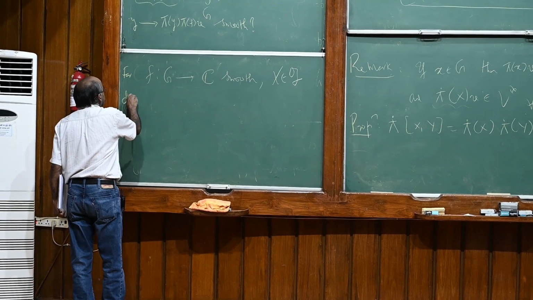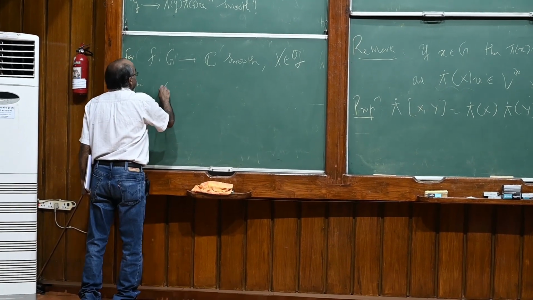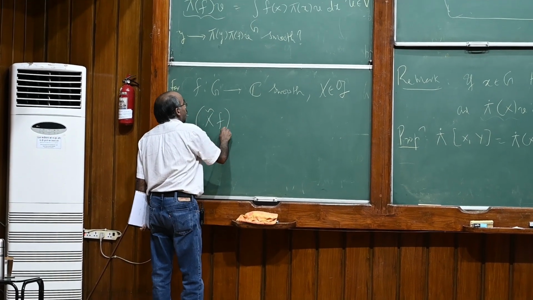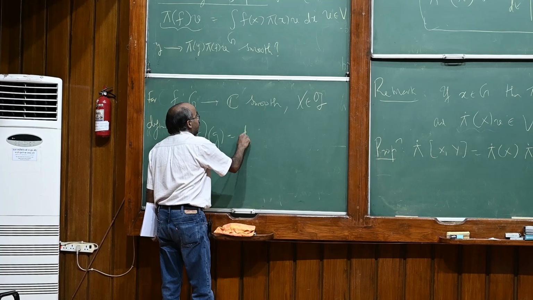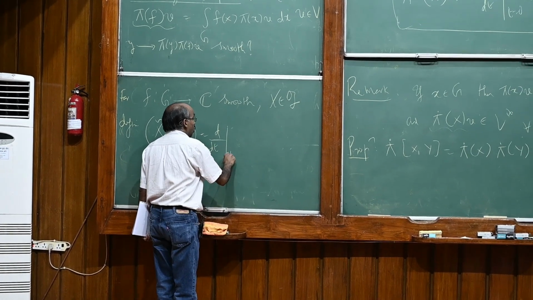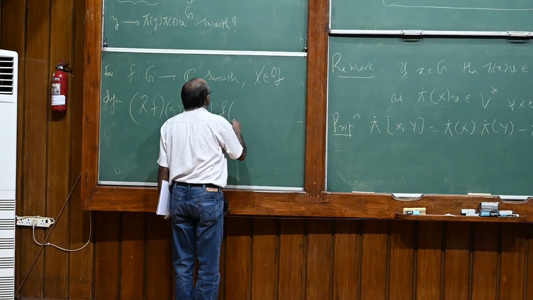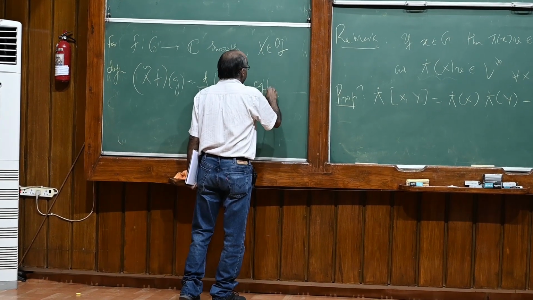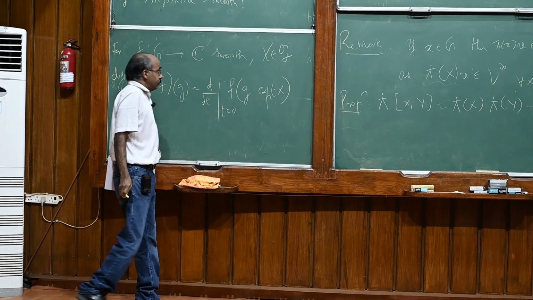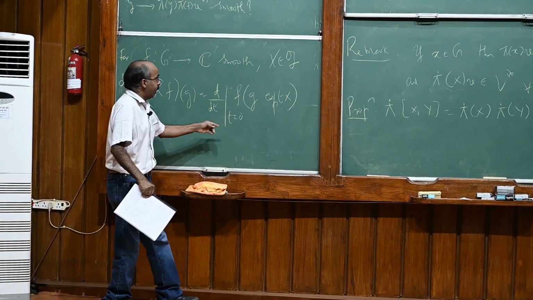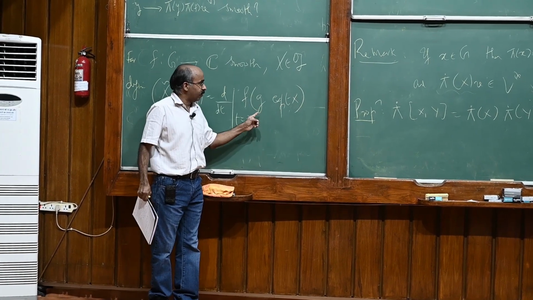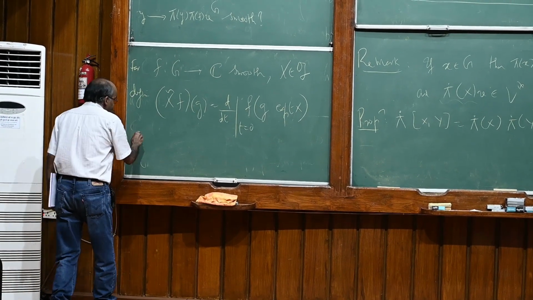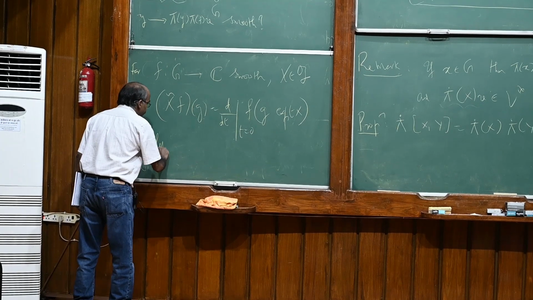So define x tilde of f at the point g to be d by dt at t equal to 0 of f of g exp(tx). I want it to be left invariant, so you put the exp(tx) on the right side. Right, so this is the directional derivative of f in the direction of x at the point g.